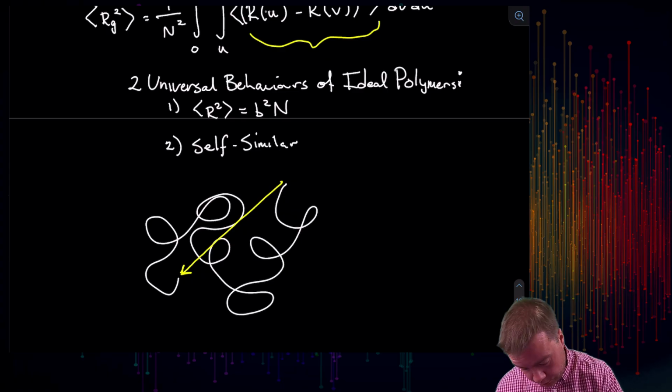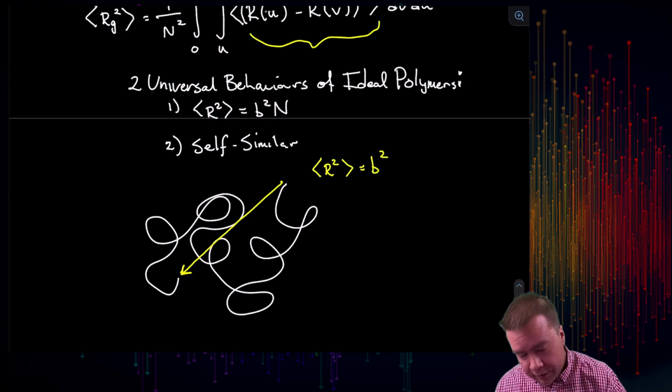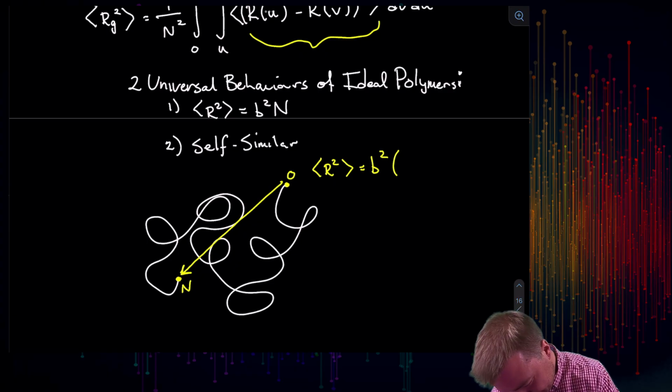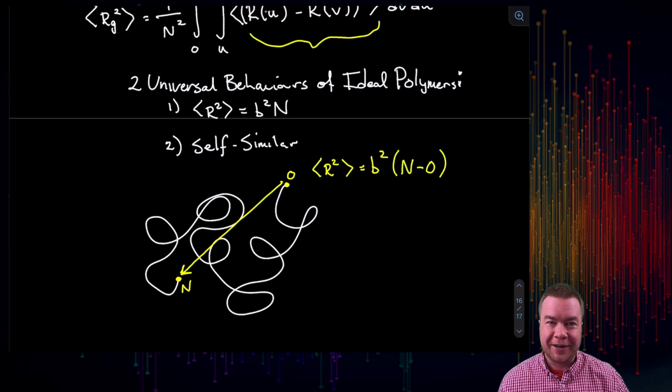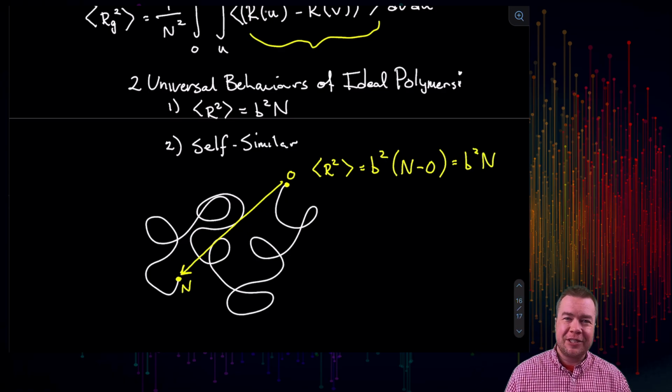The mean squared end-to-end distance, r squared, is going to be b squared multiplied by the number of monomers that I have. If this over here is monomer n, and this over here is monomer 0, then the number of monomers would be monomer n minus monomer 0. I realize this is kind of silly, but you get b squared n. No big shock there.